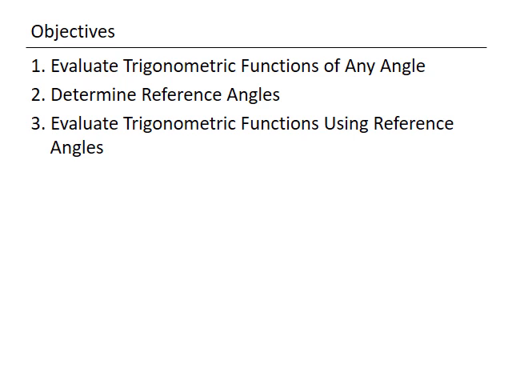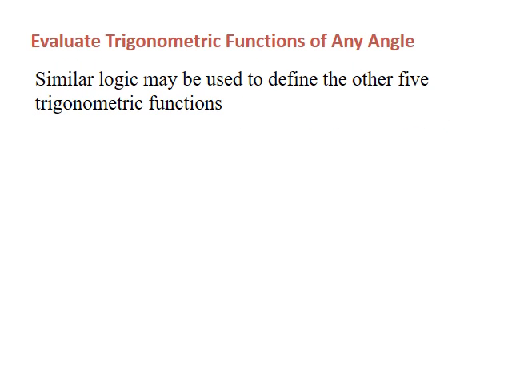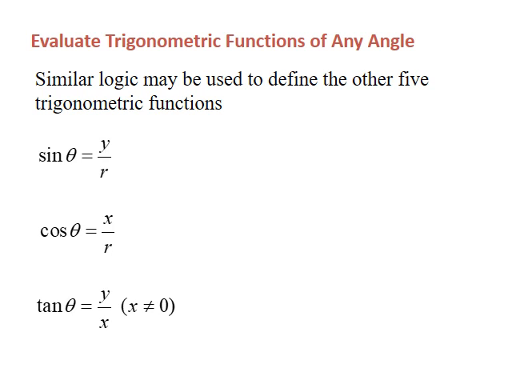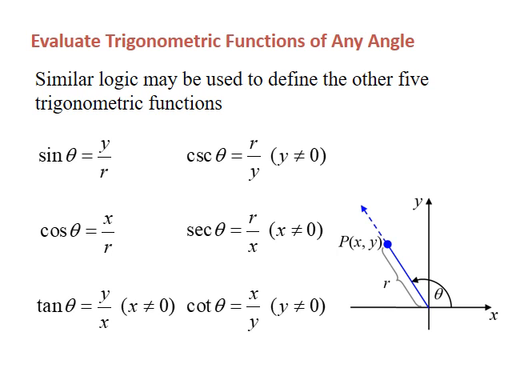When we evaluate these trig functions at any given angle, it's still the same process. But now what you need to pay attention to is that if this is the initial side and we rotate to get theta, you can see that this is no longer an acute angle.